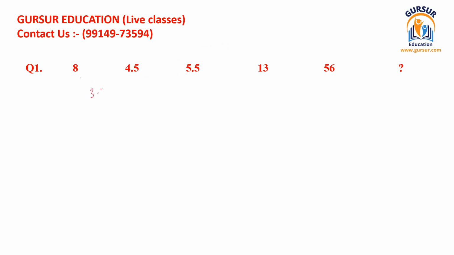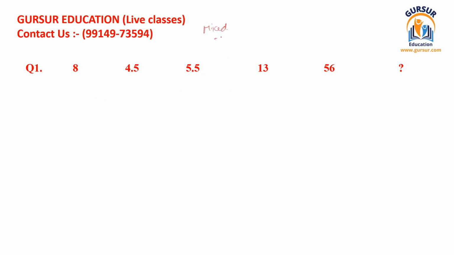Okay, if we find the differences, the first difference is 3.5, then 1, then I think it would be, if I'm not wrong, 6.5. So it's not making any proper series. Now I will tell you what you can do. You should try to go with the mixed method.